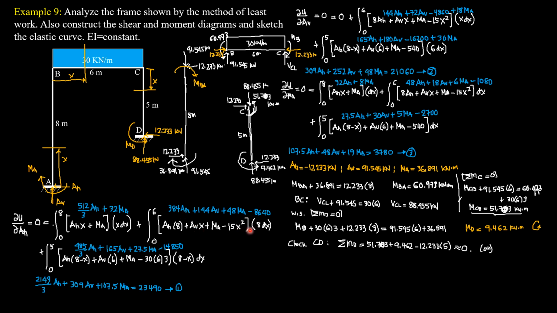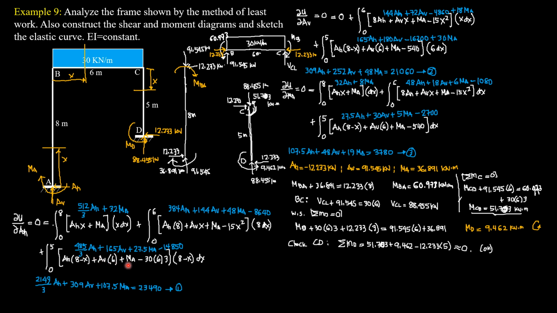Integral of x times 8, then 144 AV. Integral of 8 dx, so 8 times 6, 48 MA. Then the integral of negative 15x squared times 8 dx, 0 to 6, is negative 8,640.